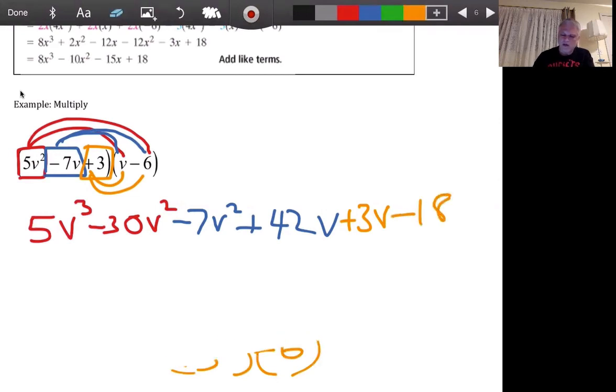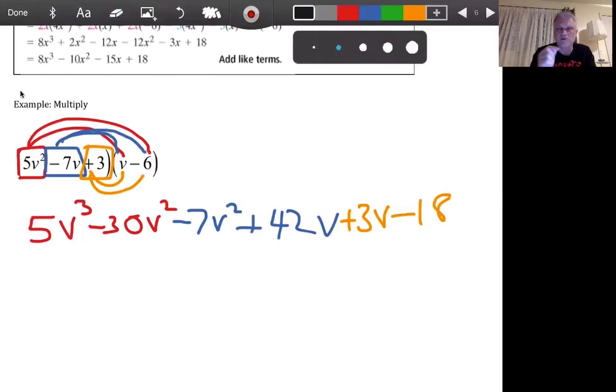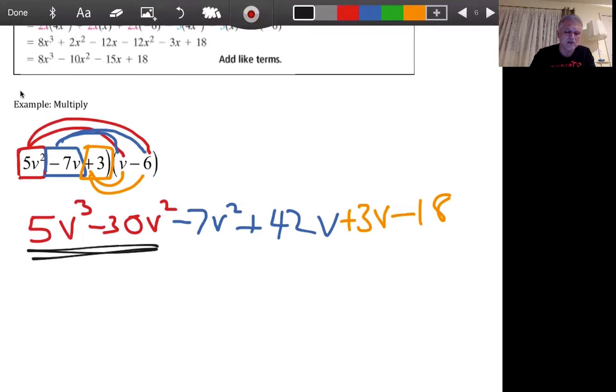Okay. Now again, notice I'm trying to help you with the color scheme and the color code. Okay, 5v squared, I made that red, and you multiplied 5v squared by the 2 terms in the second set of parentheses, and these red terms are your product.